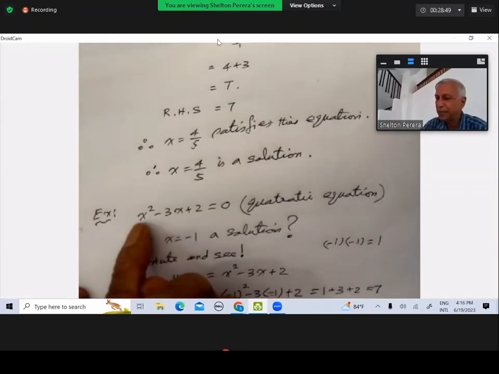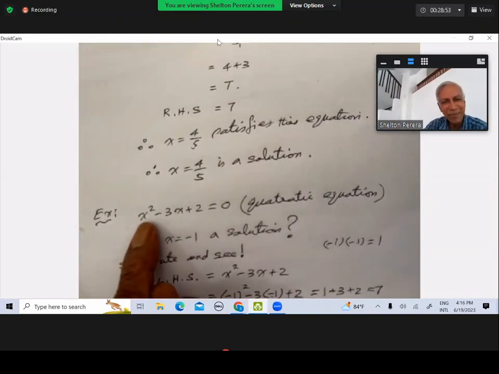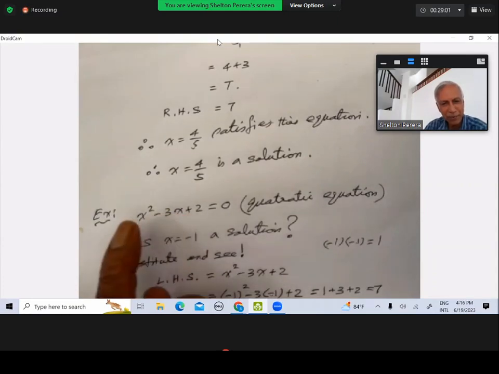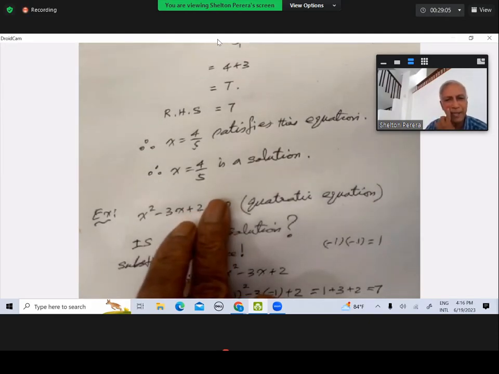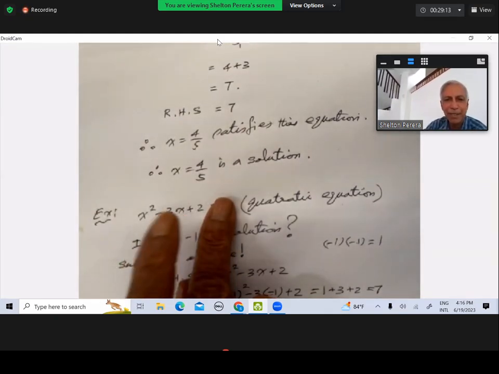If you put x equals plus 1, it will be a solution. Check and see. 1 squared is 1. Minus 3 times 1 is minus 3. So 1 minus 3 plus 2 is the left hand side. What is it? 1 plus 2 is 3, and 3 minus 3 is 0.